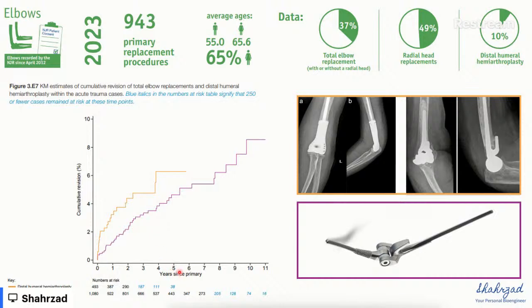But it will be more like over 6% for only distal humeral hemiarthroplasty. It's telling you that total elbow replacement is performing slightly better. Okay, so that's based on the most recent National Joint Registry data.